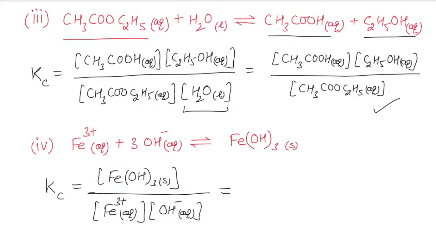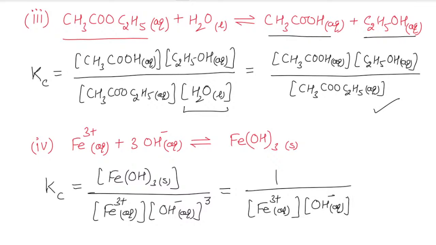So it should actually be 1 upon Fe3+ aqueous times OH- aqueous raised to power 3. There is no need to write for the solid. For pure solid and pure liquid we should omit, because they are taken as unity.